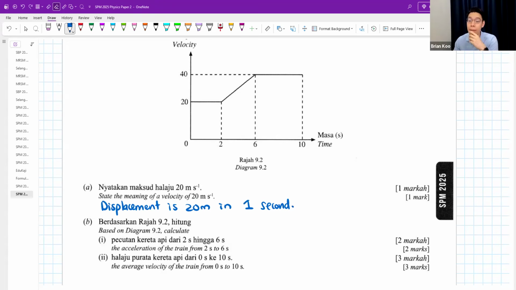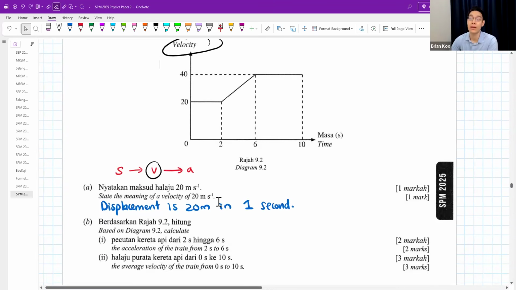Also can. Okay, part B, based on diagram 9.2, calculate the acceleration of the train from 2 to 6 seconds. Now, I always tell my students, for a linear motion graph, you must always know your displacement to velocity to acceleration, how to convert. And you must always know what graph you are given. You have a velocity graph.